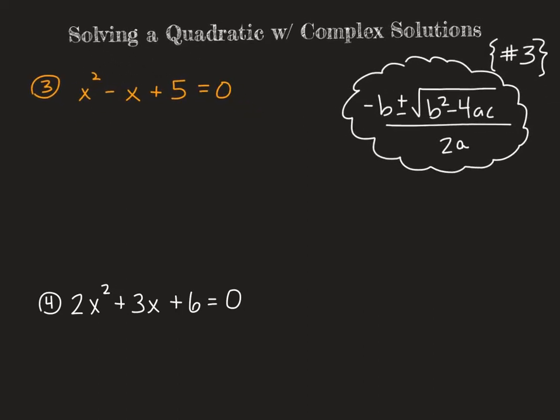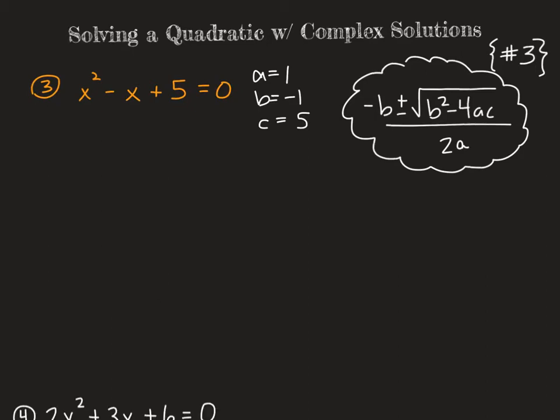All right, so let's take a look at number 3. A here is 1. A is the number in front of x squared. B is -1, the number in front of x. And C is 5. When we have those three things, I'm going to plug into the quadratic formula here. So we will have the opposite of b, so +1, plus or minus, giant square root.